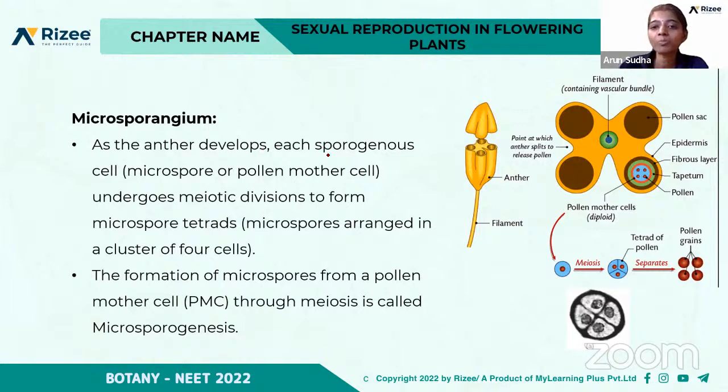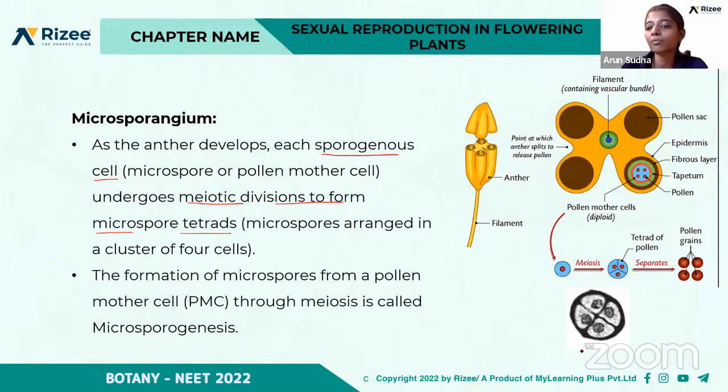When it develops, each sporogenous cell, the cells which are present, are diploid cells and are called the pollen mother cells. Each sporogenous cell undergoes meiotic division to form microspore tetrads. So they form tetrads.